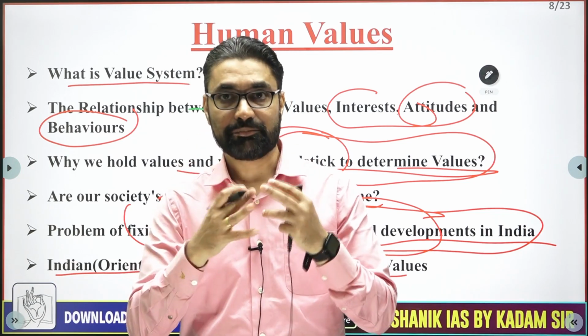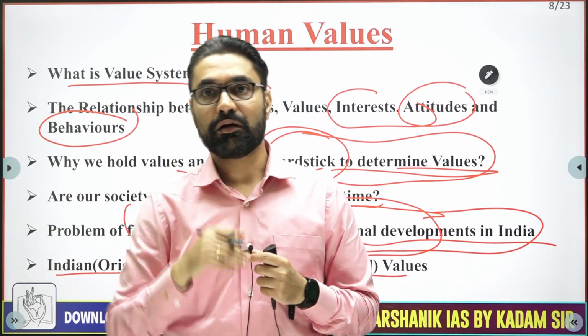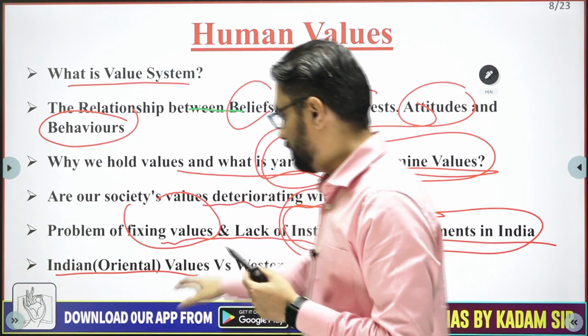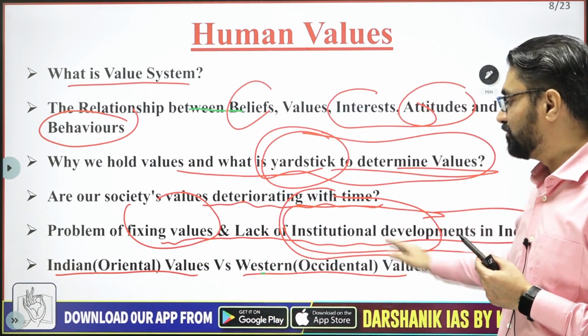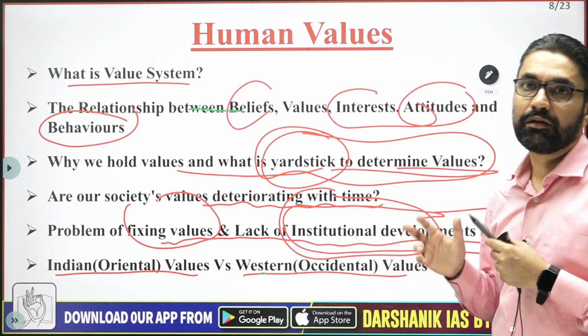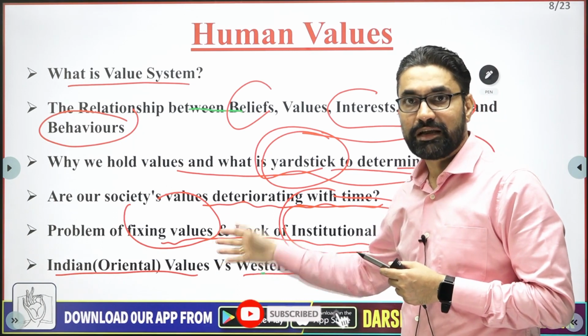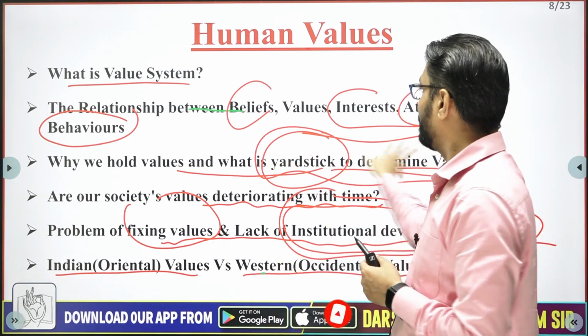If there is a clash between Indian values and Western values, how one should resolve that clash. That topic we will be discussing under the heading of Indian Oriental values versus Western Occidental values. So one lecture, or maybe two lectures, I will be discussing this value system topic with you.